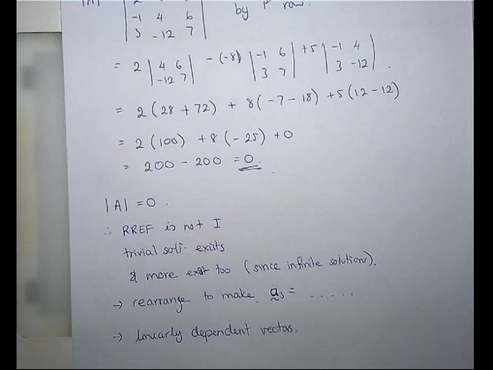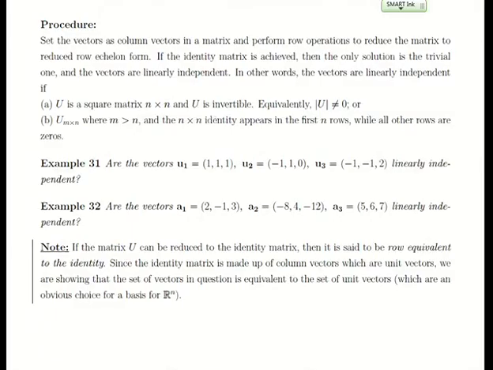So we just did those two examples, and there's a little note at the bottom here. If the matrix U can be reduced to the identity matrix, then one thing you can say is it's row equivalent to the identity. Now, if we turn this back into the identity here, if you look at how we got this part of the matrix by putting the vectors in as columns, the columns of the identity are just like i and j and k.